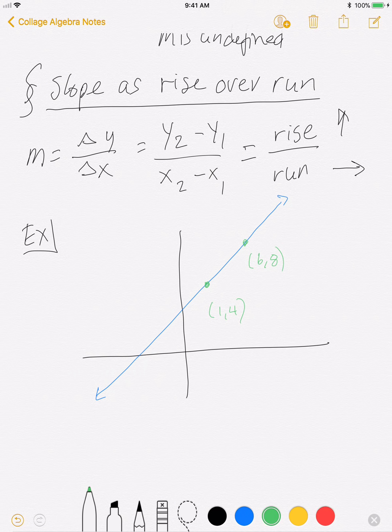By the way, because of the nature of lines, all you actually need are 2 points to understand everything there is to understand about that line.